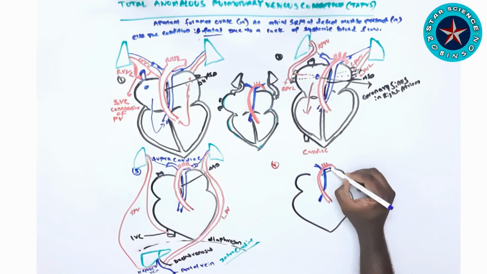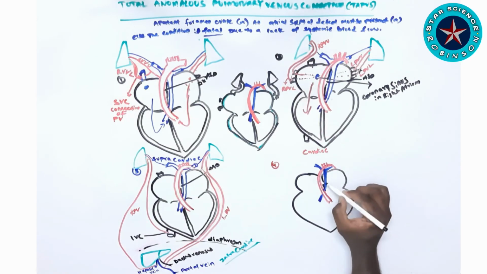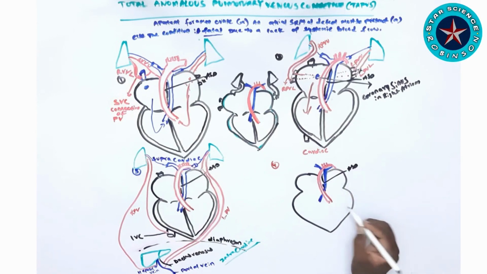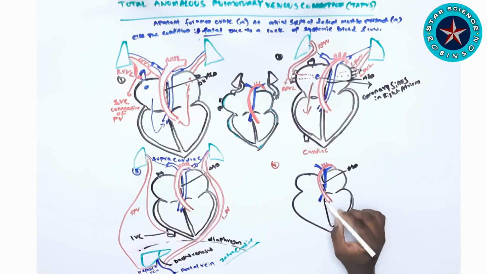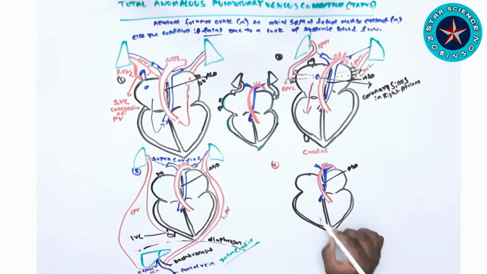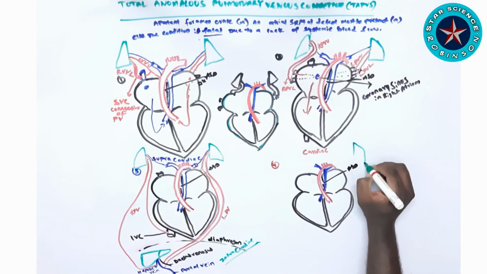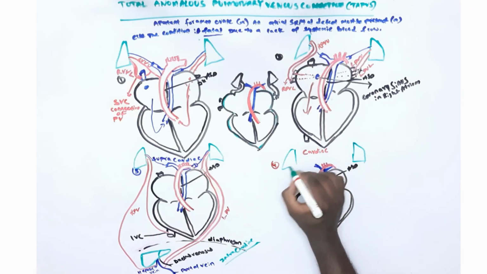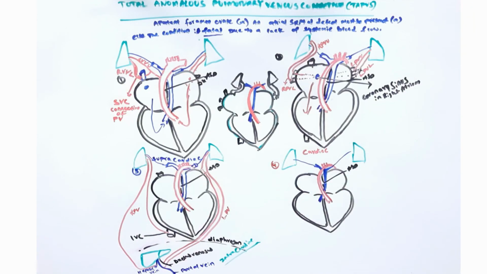At the same time we'll draw the superior and inferior vena cava, which are important. Here you will have an atrial septal defect. This atrial septal defect is also present in the third type, I forgot to say that there. I'm also drawing a lung to show how the pulmonary veins will join, and that is the main subject we are dealing with today.